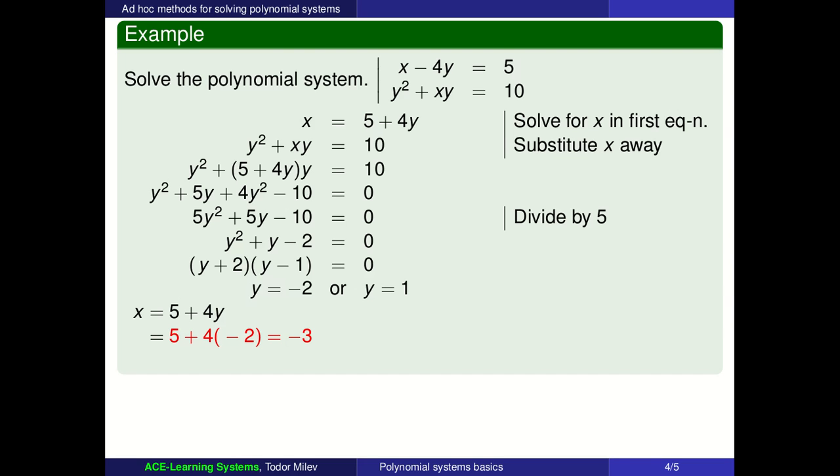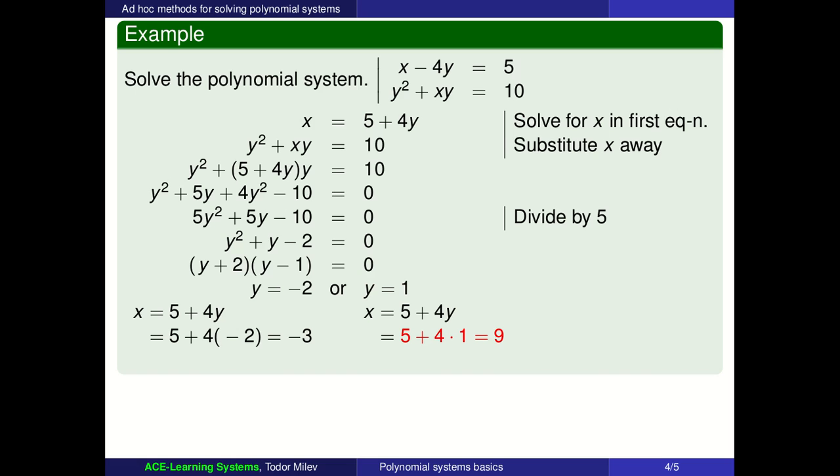This is one of the cases of the solution. In the other case, y is equal to 1, and again x is equal to 5 plus 4y. So this implies that x equals 5 plus 4 times 1, which implies that x equals 5 plus 4, which is 9. So our solution is complete.